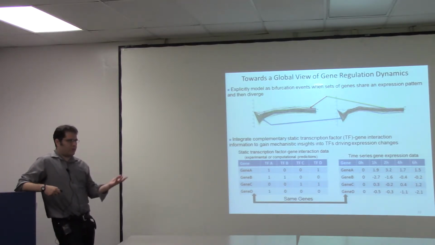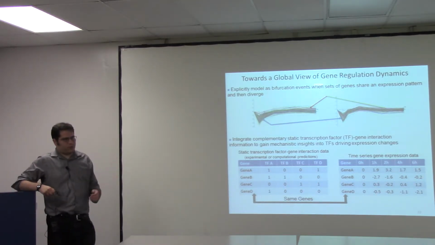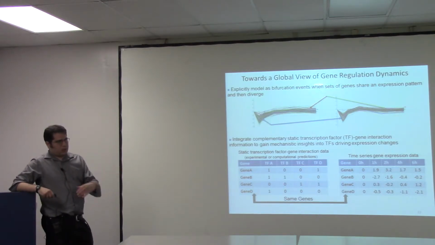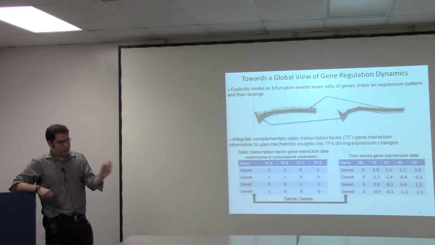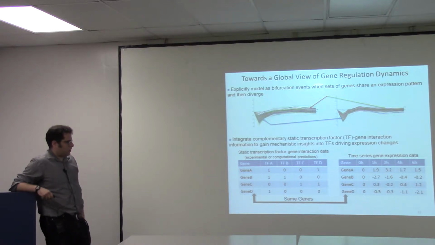And this type of information can come from a number of approaches. One is from ChIP-seq type data, where you have maps of where a specific transcription factor is binding, and if it's binding in proximity to a gene, you could say that transcription factor might be associated with that gene. Another approach is using regulatory DNA sequence motifs, so patterns in the DNA where a transcription factor is predicted to bind, and then using that to predict it's associated with a gene.